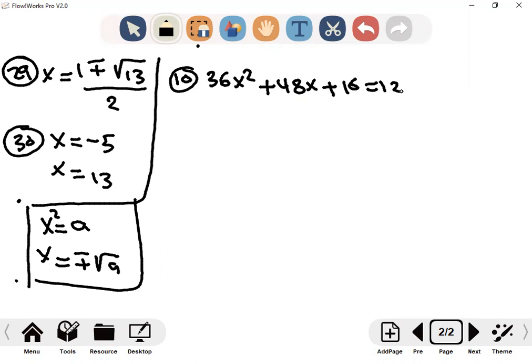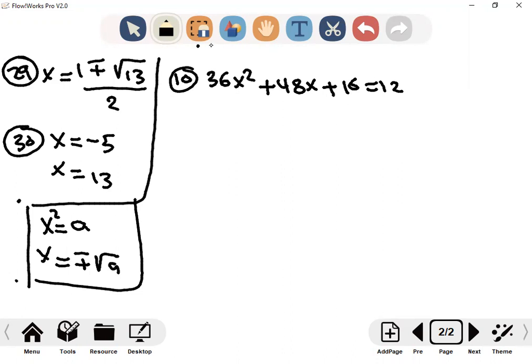Now here, can we get rid of this 36 or no? We can. Always here we need x power 2 to have coefficient 1, right? But here I need to divide all of them by 36.